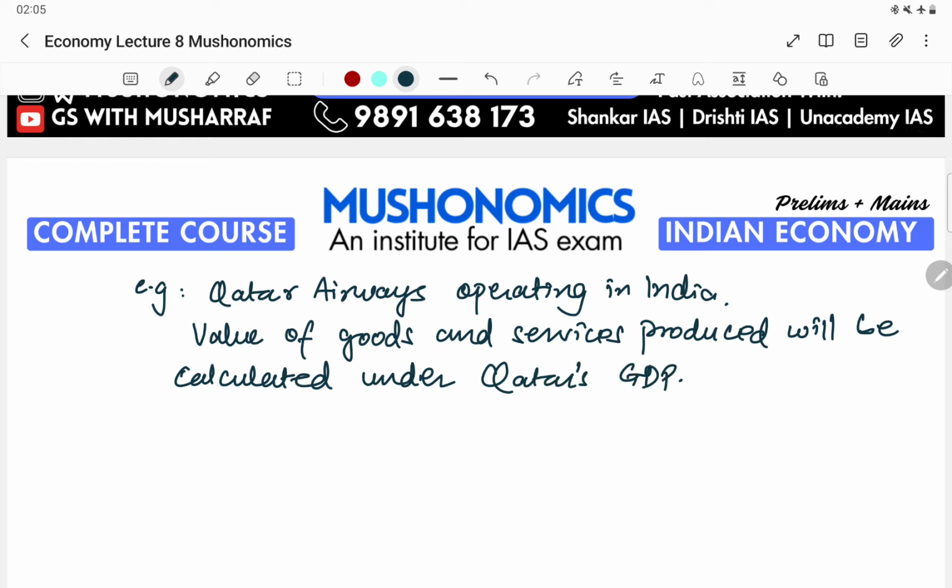So for Qatar Airways, wherever it is operating, including the boundary of India, that particular territory will be taken as the domestic territory of Qatar. It is not for political purposes, it is only for GDP calculation and economic activities purposes.